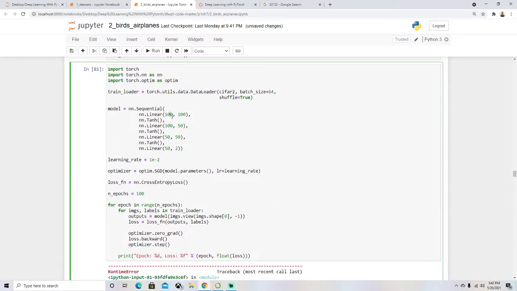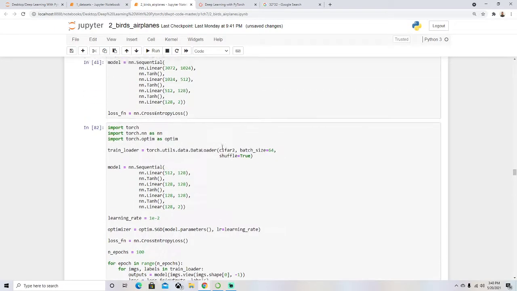We're going from 100 to 50 to 50, 50 to 50 to 2. Let's see. What if I said... Still doesn't work.